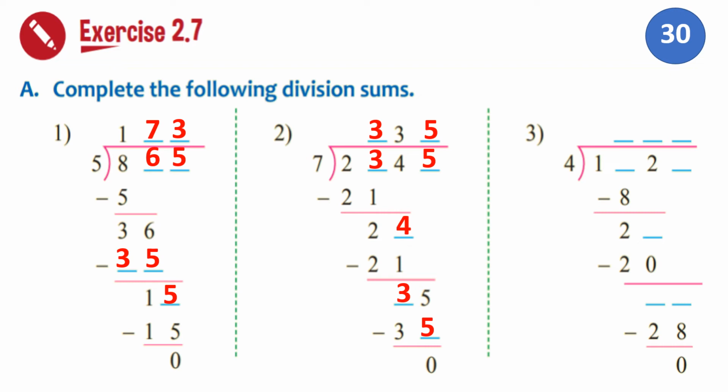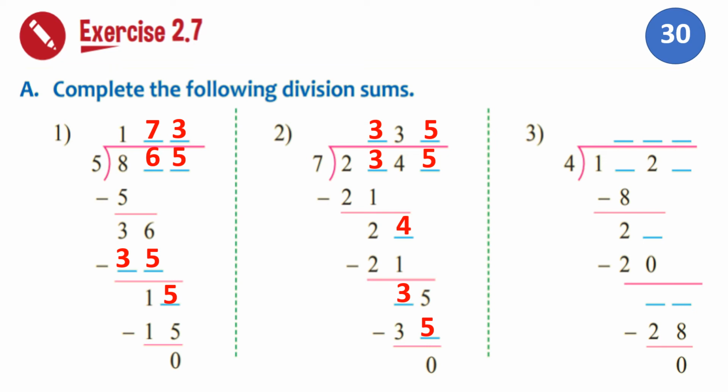Next is number 3. 1 blank 2 blank divided by 4. Okay? Now, 1 divided by 4 cannot be. No. Okay, you divide. Now you have here minus 8.